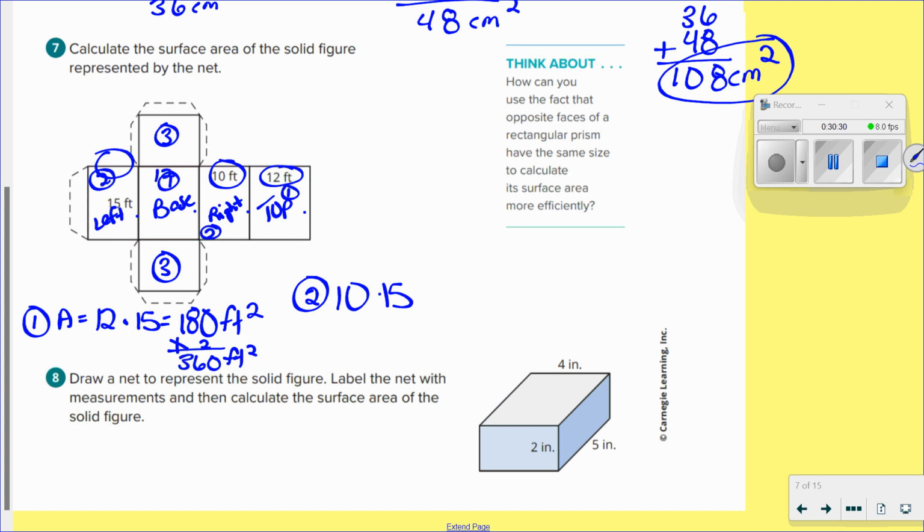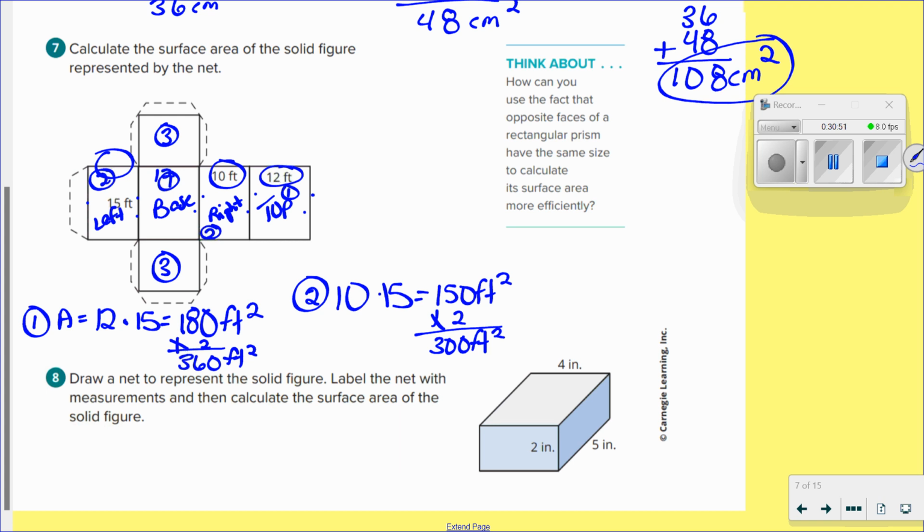Because if this is 10, I know this is 10. They're exactly the same. And again, all of these lines are 15. Make sense? So I get 150 feet squared. But there are 2 of them, so it is 300 feet squared.